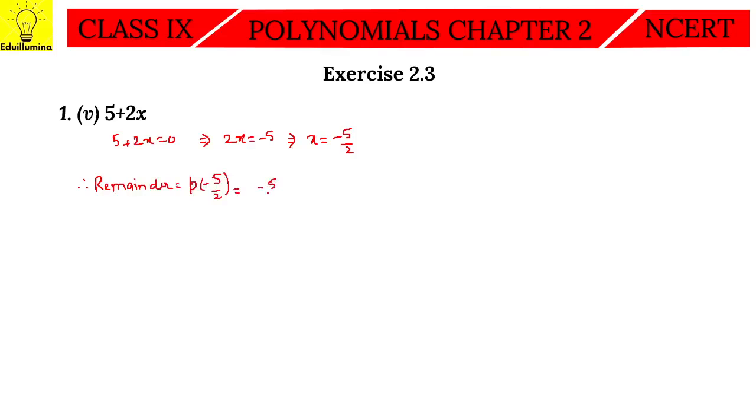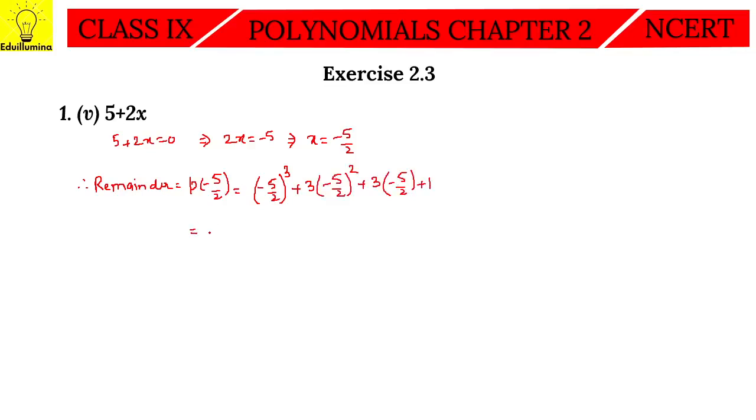So minus 5 upon 2 whole cube plus 3 into minus 5 upon 2 whole square plus 3 into minus 5 upon 2 and plus 1.